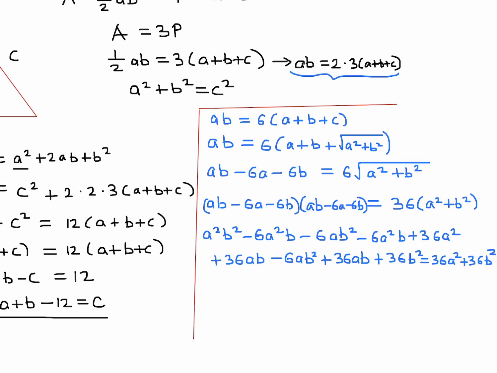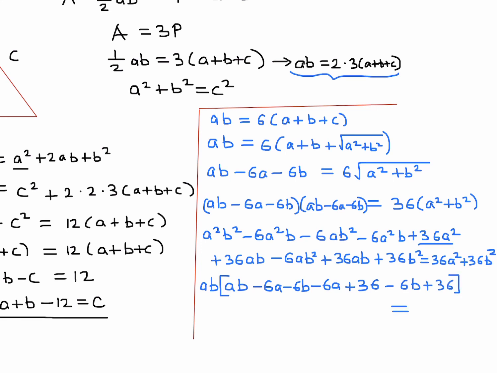big long equation. Now let's collect like terms and let's see what happens. I see an AB will probably factor from everything. So this gives me AB minus 6A minus 6B minus 6A plus 36 minus 6B plus 36, like that.